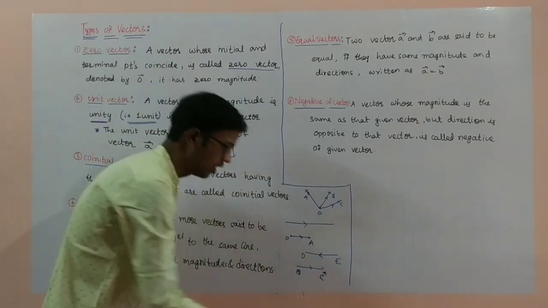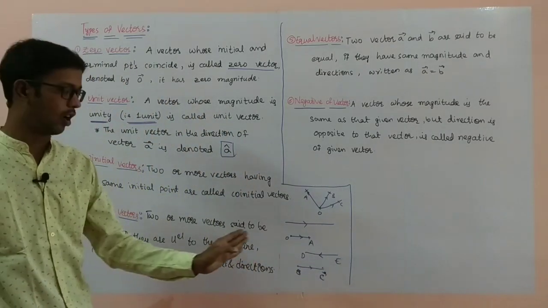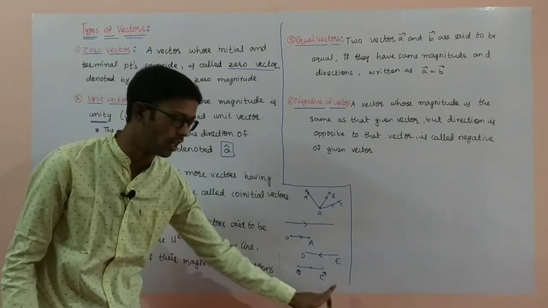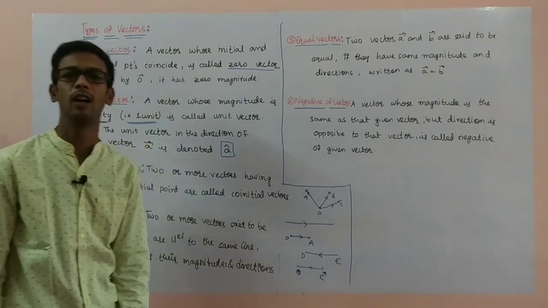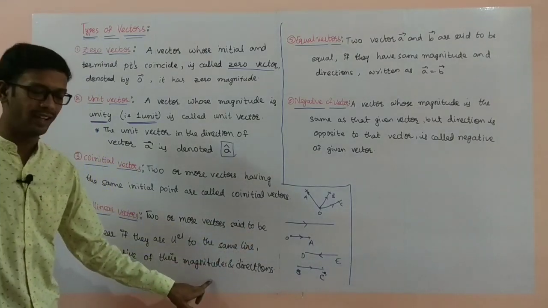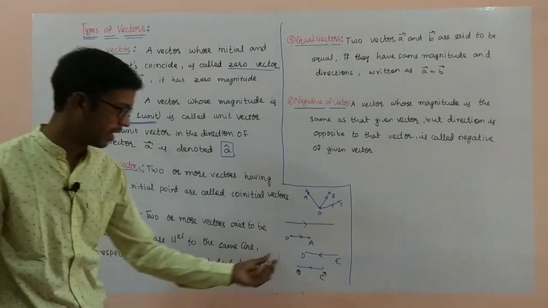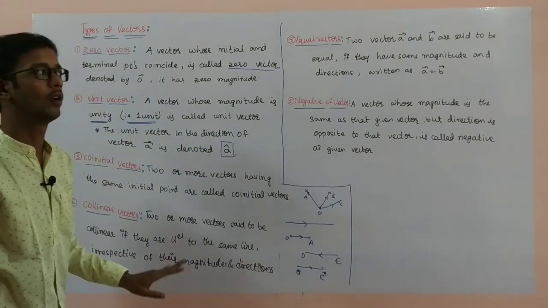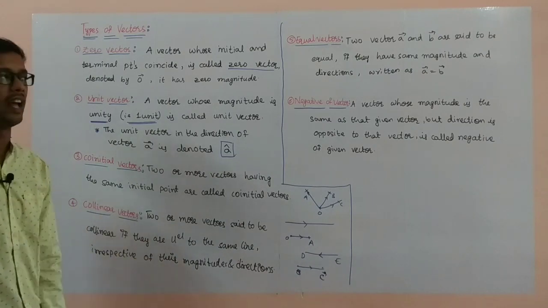For example, DE, this side is the direction, E to D is there, O to A is there, B to C is there. But these three vectors are collinear, irrespective of their magnitudes and directions. This length is more, but it is still collinear.